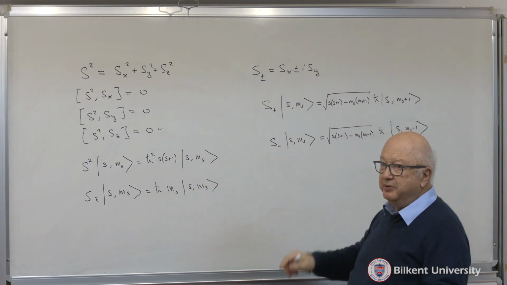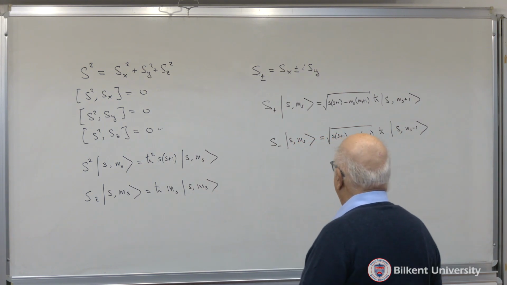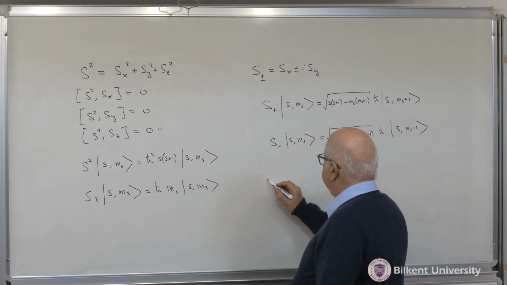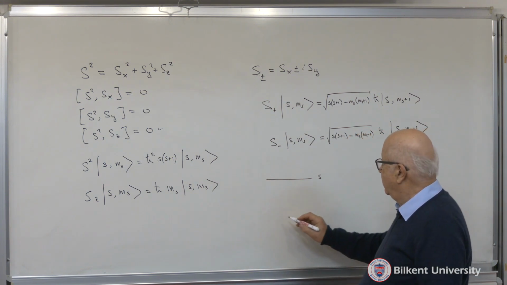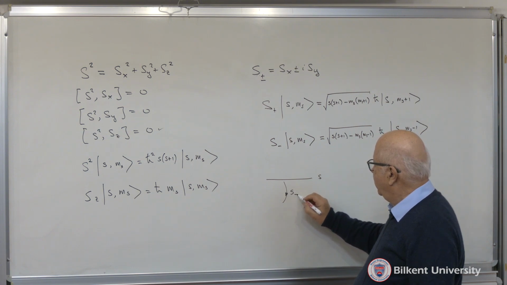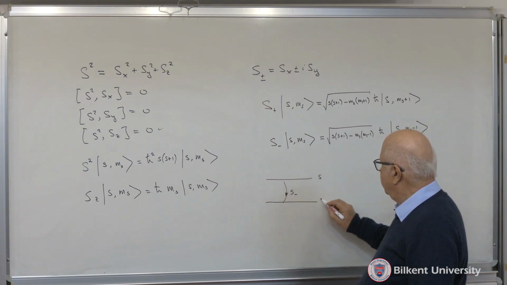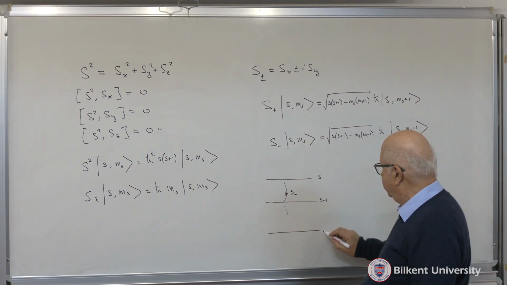So exactly the same things, except that we have S in place of L. And the structure is, we start with a state S and go down with each application of S minus to one lower level, etc., until I reach minus S.